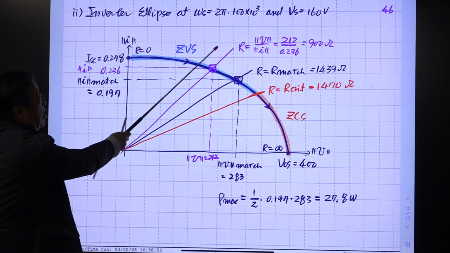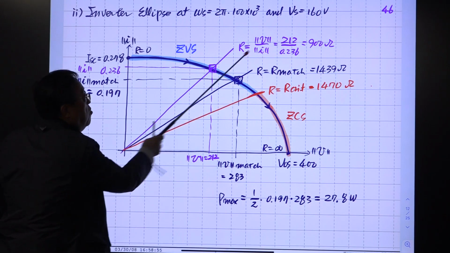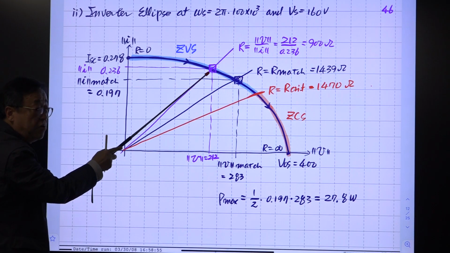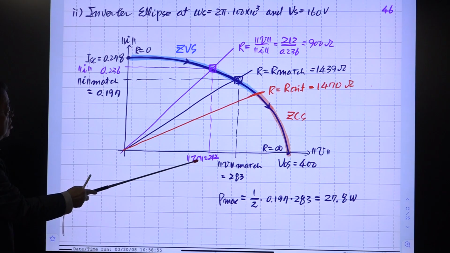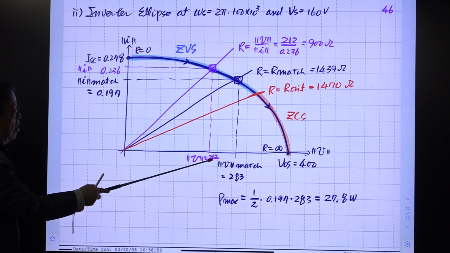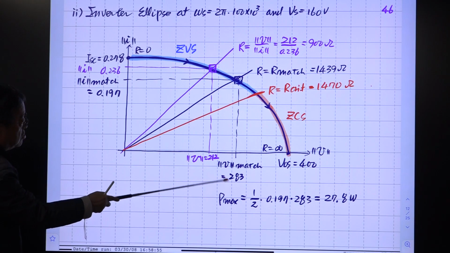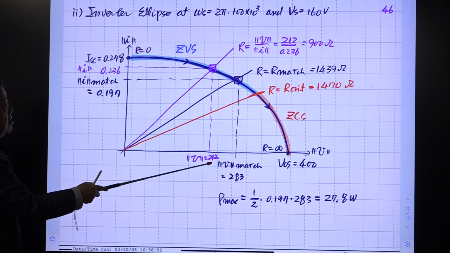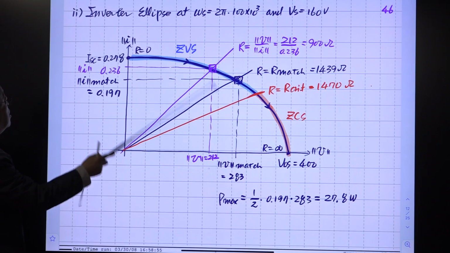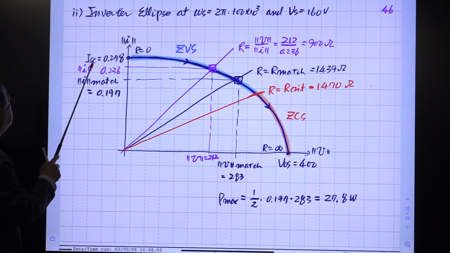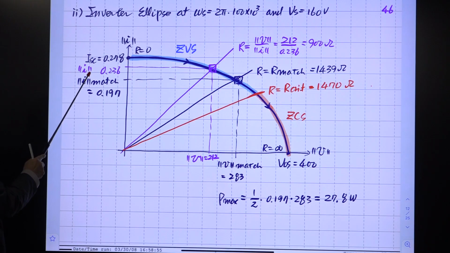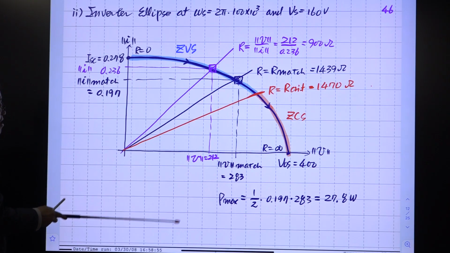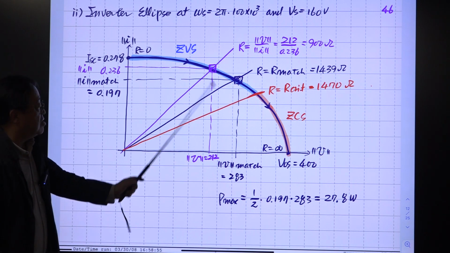For this rated R, 900 ohm, you have operating point here, and this R voltage is this one. This is the peak value, and the RMS value you just divide by square root 2. I'm sorry, this is the peak value. And maximum power is this one.